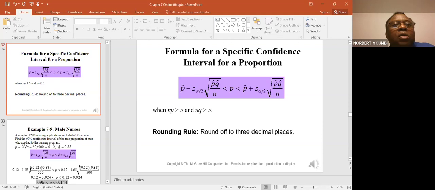We use the z distribution when np is greater than or equal to 5 and nq is greater than or equal to 5. That is, both the number of successes and the number of failures, those who have the characteristic and those who do not, are greater than or equal to 5.